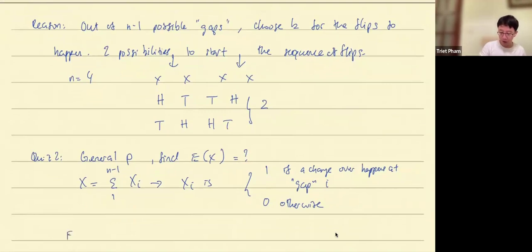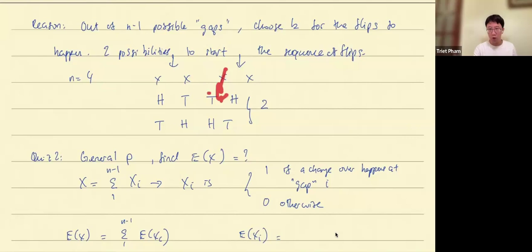And so the expectation of X is the sum of the expectations of xi. Well, the question is, what is the expectation of one single xi? If you pick any gap, what's the probability that a changeover happens at that gap? For general P.